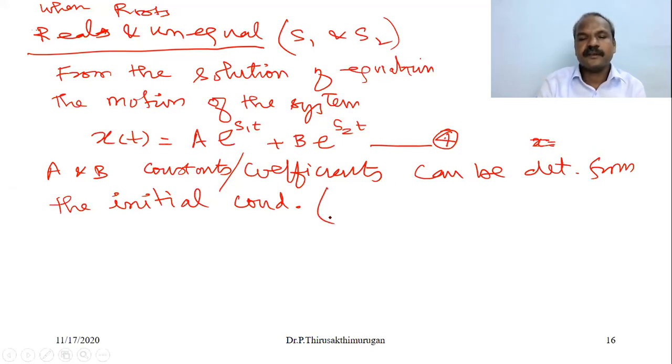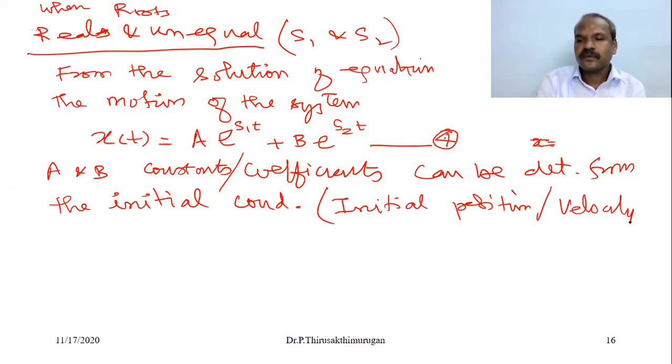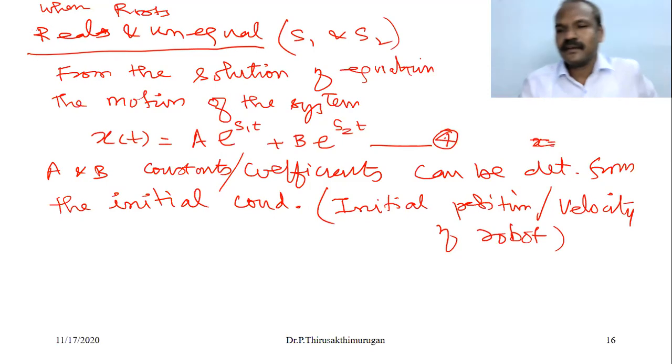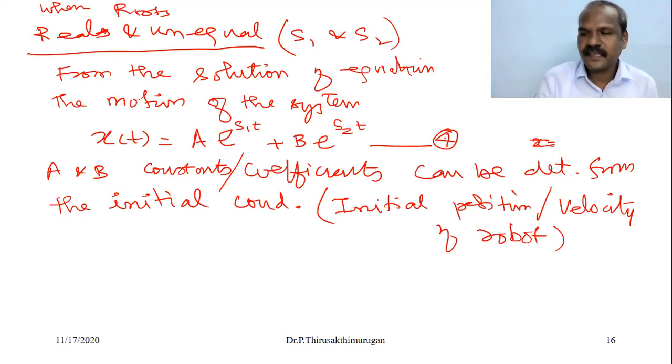For example, in a robot or a mechanical system, the initial position and velocity of the robot or mechanical system. Understand? So from the response, we can see the roots.